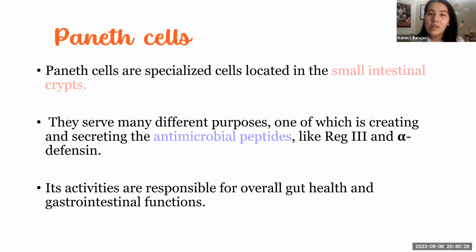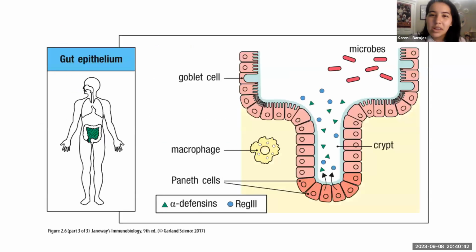Without this cell, we wouldn't be able to have any of these antimicrobial peptides that are basically responsible for the overall gut health and gastrointestinal functions, which is the reason why they are so important. And here in the slide, you can see in the diagram where they're located and the process of them excreting the antimicrobial peptides.